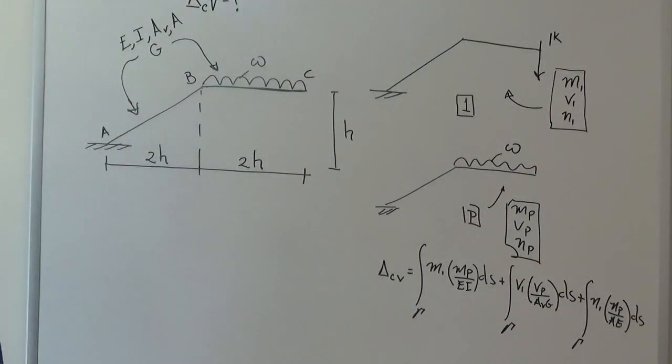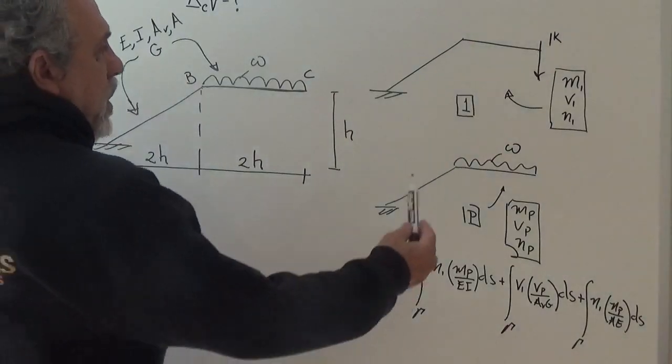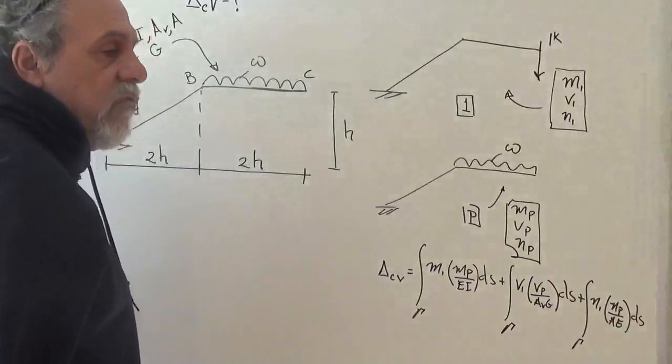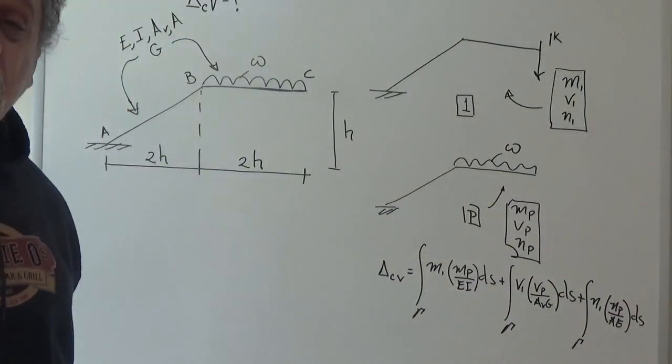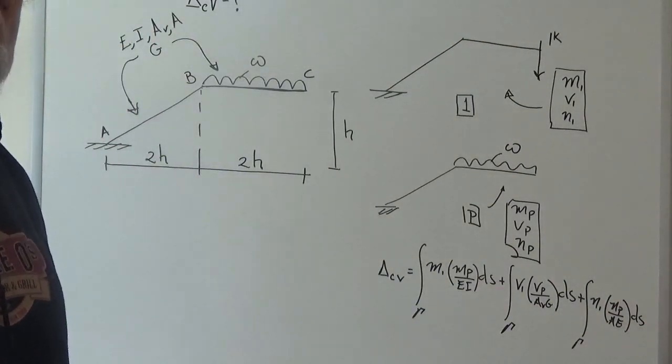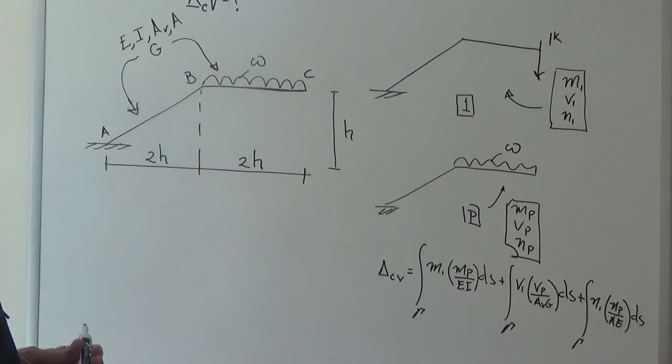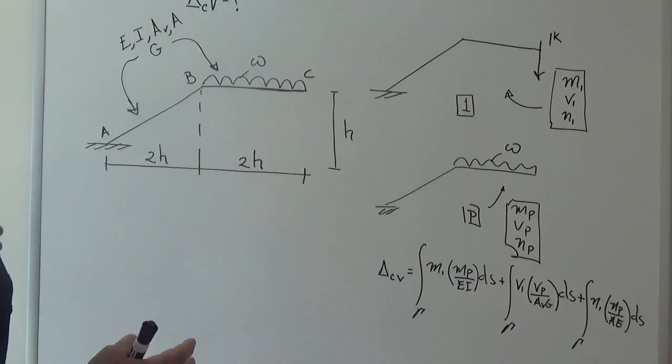Our ability to compute M1, V1, N1, MP, VP, and NP is related to our ability to draw a correct free body diagram, and of course to do statics. Because this board is not very large, I'm going to have to use some strategy to not have to be erasing every 2 seconds.